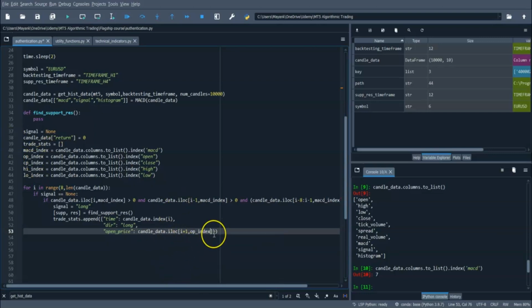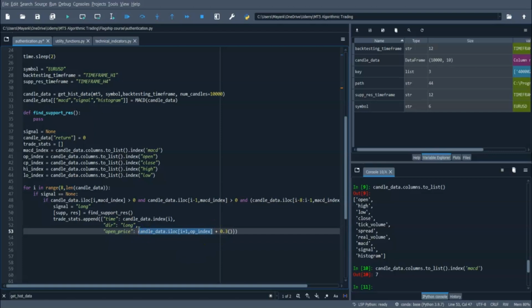This will give you the open price of the next candle, but we are not happy with this. We want to factor in the slippage as well. I leave that to you, what factor you want to use, but I want to be a bit conservative. So I'll take the open price plus 30% of the difference between the high price and the open price. Some people may say that I'm being a bit too conservative, but that's fine.